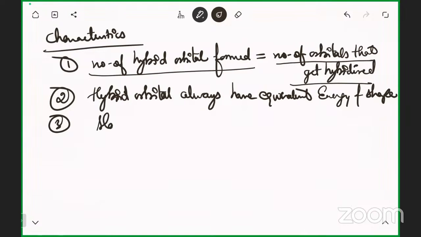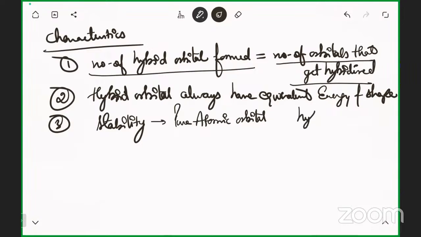If I talk about the stability, in case of pure atomic orbitals and hybrid orbitals, hybrid orbitals always have more stable bonds, just because there's a mixing of the energies and they form quite a stable bond.